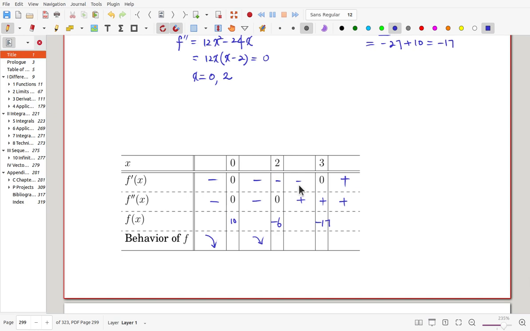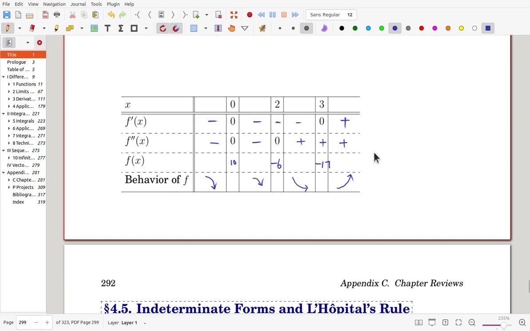Now it's going down, but concave up, like that. Now this is going up and concave up. So when you try to sketch the graph, you can do it in this way.